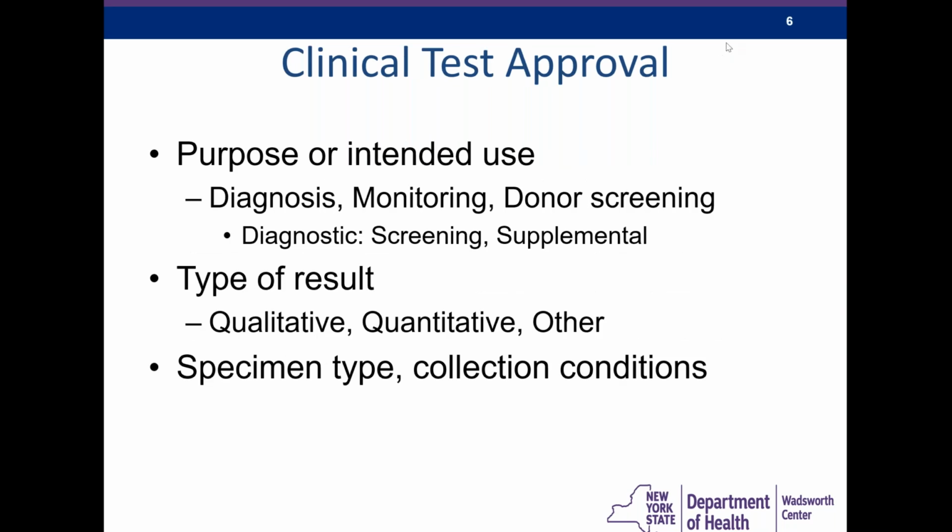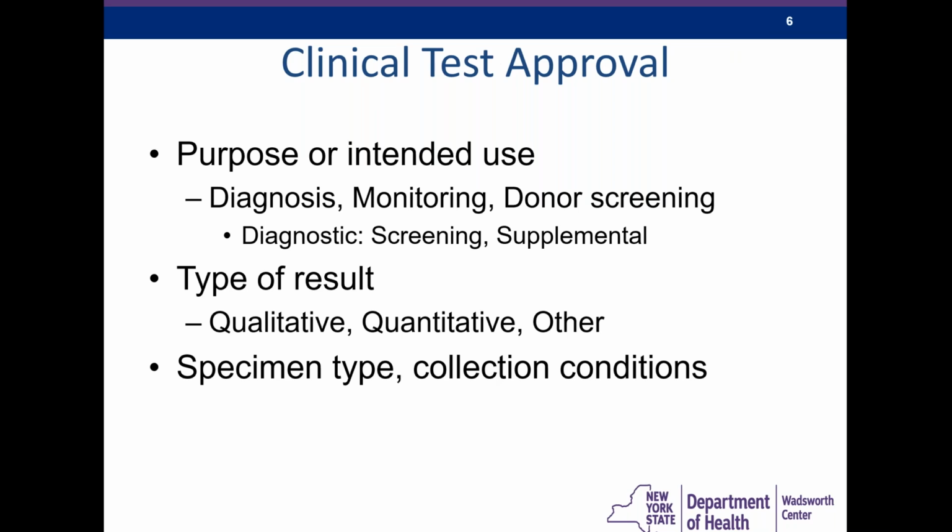Okay. So when a test is developed for clinical use, the manufacturer needs to validate that test for specific claims that they plan to make when they're going to submit to the FDA. And those claims are going to include specific conditions, so that might be including things like the purpose or intended use.